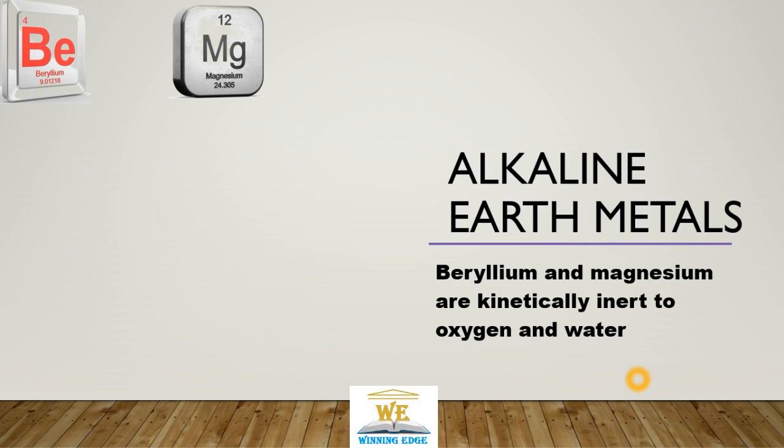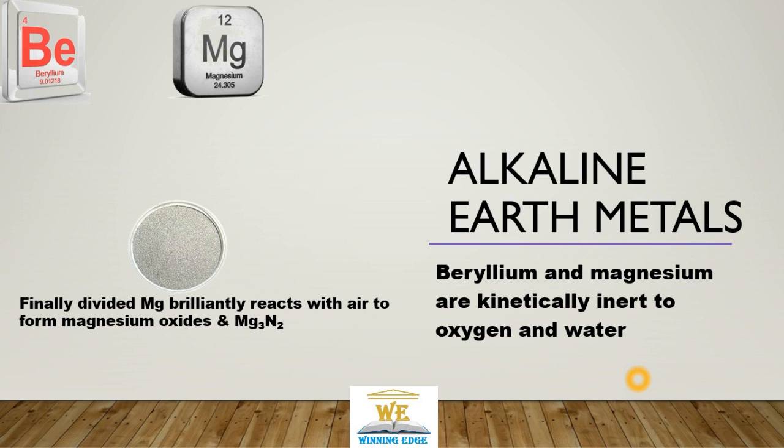They do not react directly with oxygen and water. But if we finely divide the magnesium, it reacts with air to form magnesium oxide and nitride. This happens just like lithium.